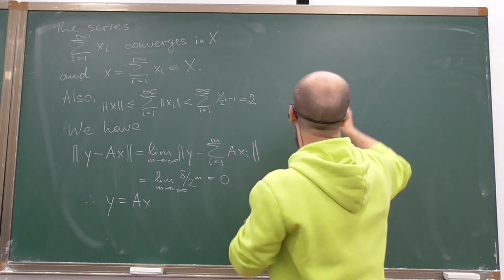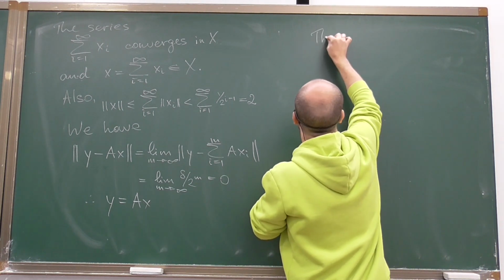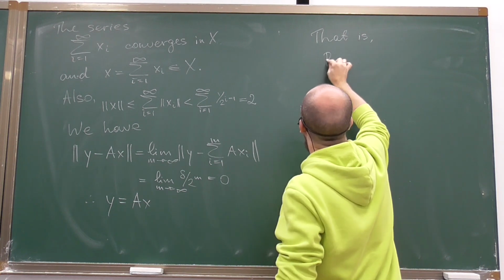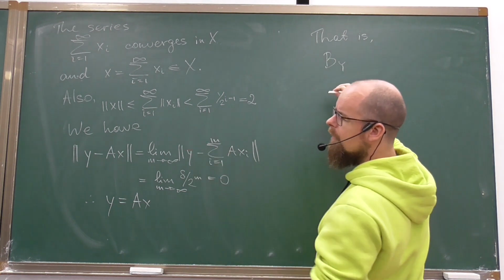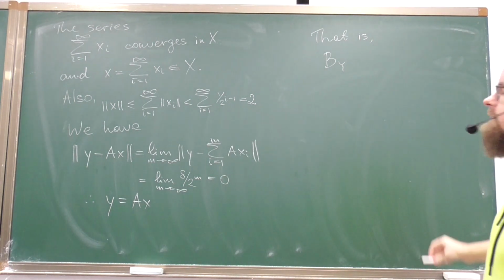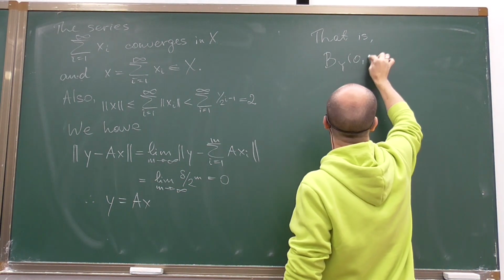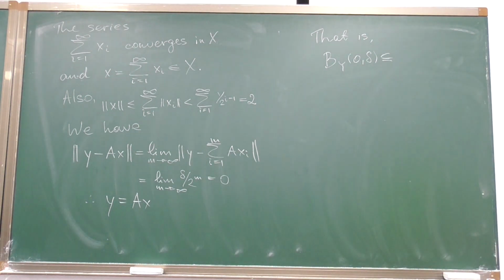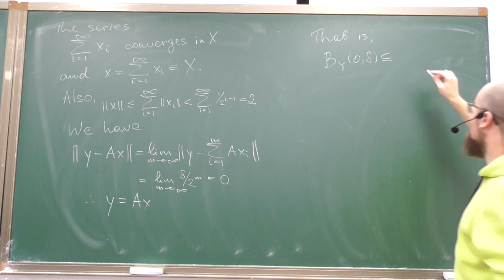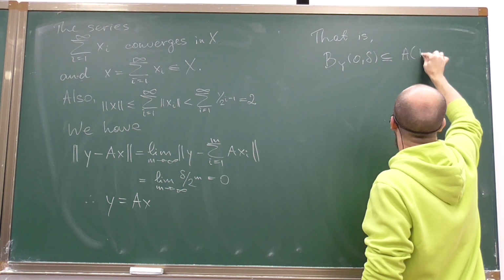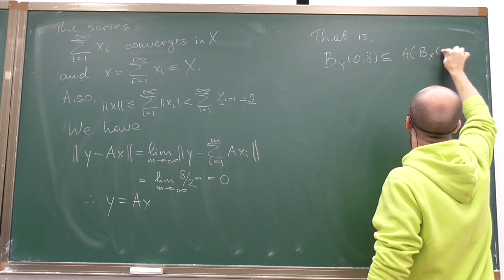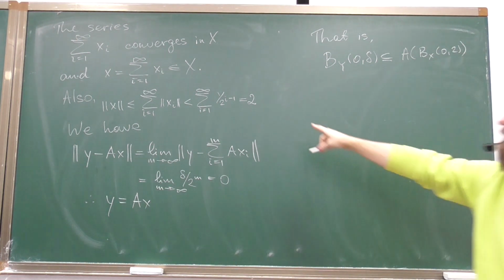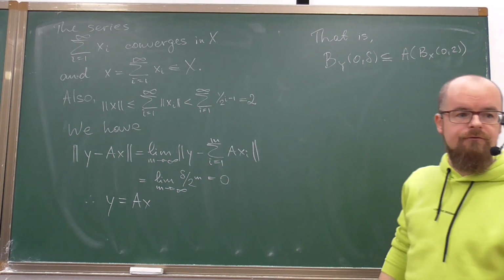So we have proved that the ball of radius delta is a subset of the image of the ball of radius 2. So the norm of x is less than 2.